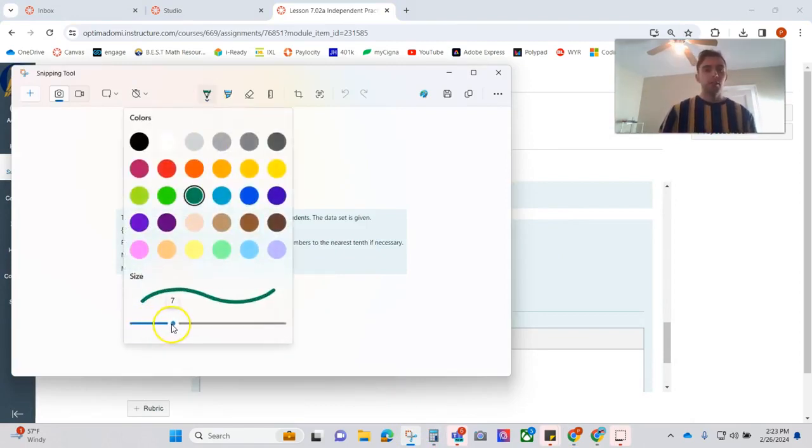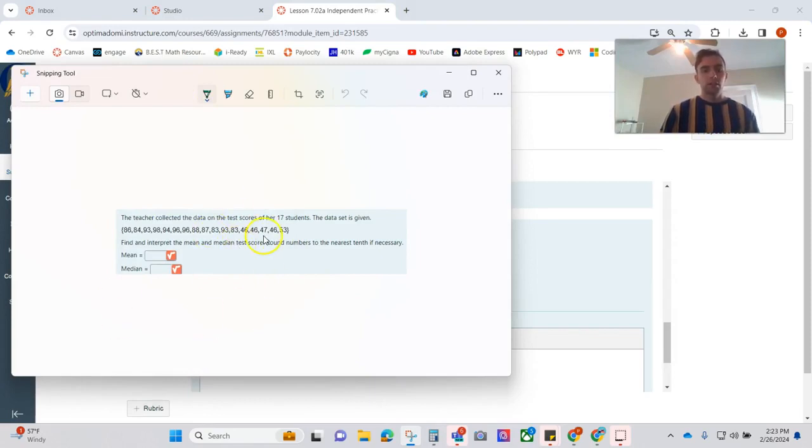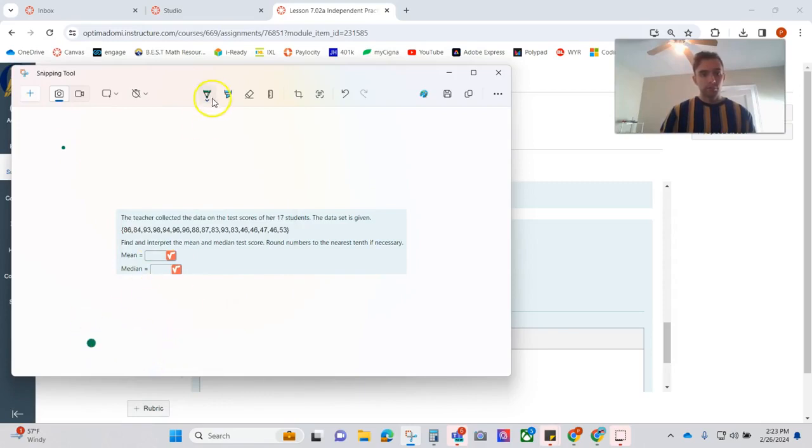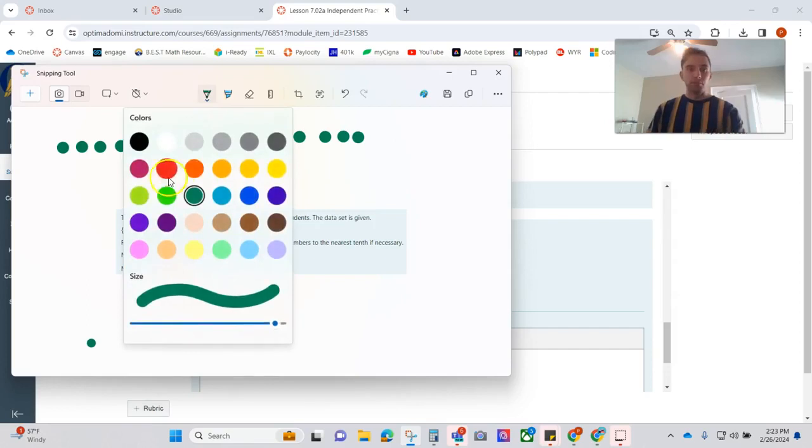Since there's 17 numbers, this looks like a lot to have to redo this whole list. So you could do that, but let's explore another strategy, another way to do this. If I have 17 numbers, what number's in the middle?